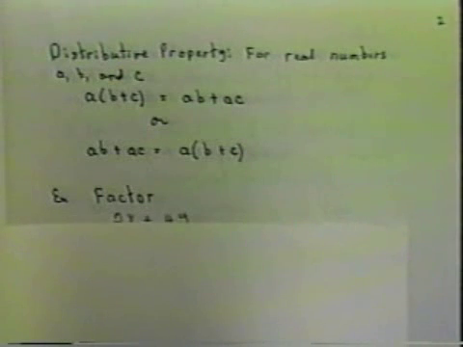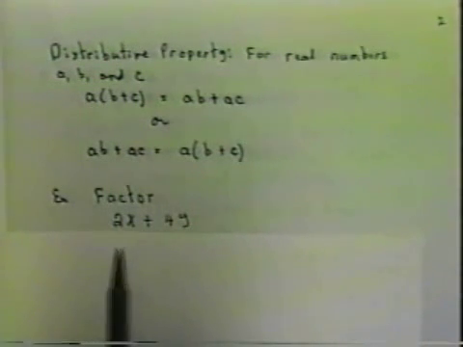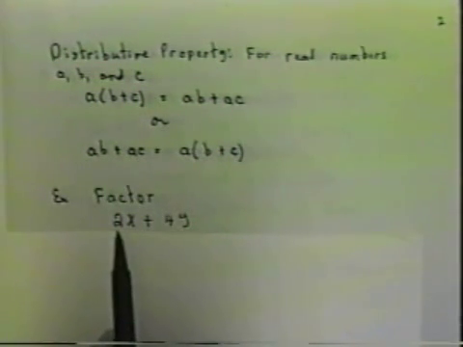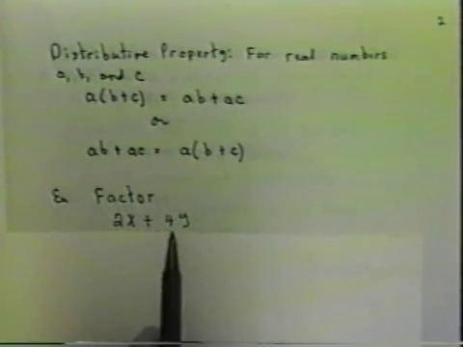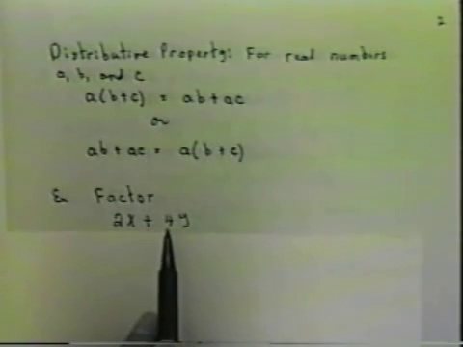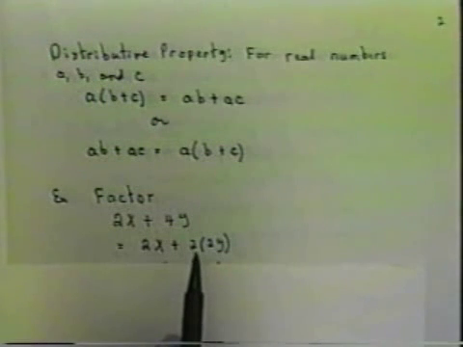Let's look at an example. Let's factor 2x plus 4y. Now just on first glance, you cannot see that we have anything in common. A 2 and an x and a 4 and a y. But what I can do, I can break 4 down into 2 times 2 to get 2x plus 2 times 2y.